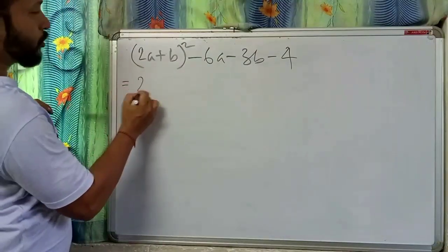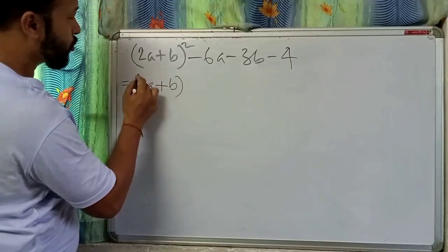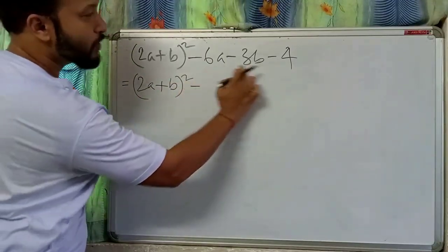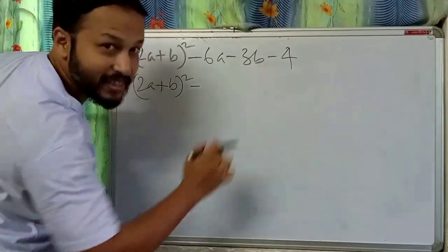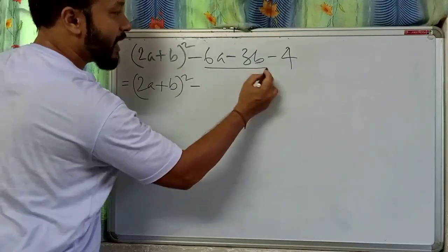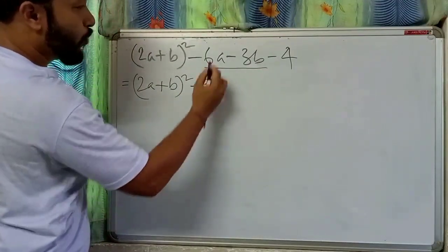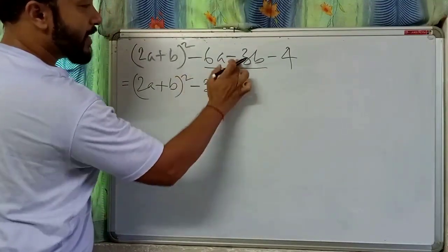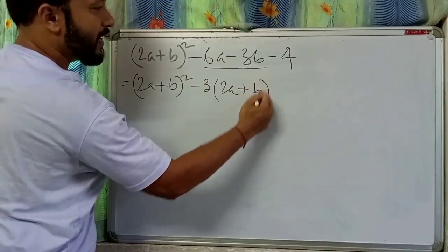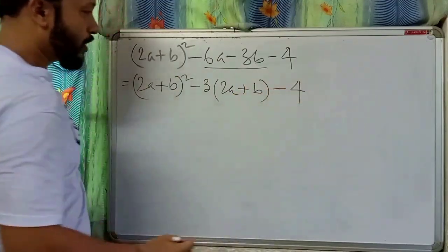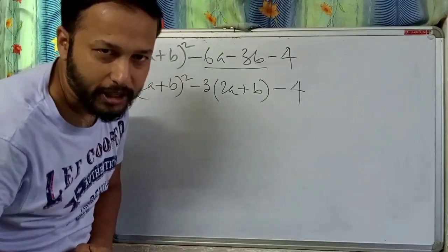Now 2a plus b whole square minus, what is common from here? Yes, 3 is common. So from here I am taking 3. So what is left? 2a plus b, then minus 4. Got it? This is what I have got.